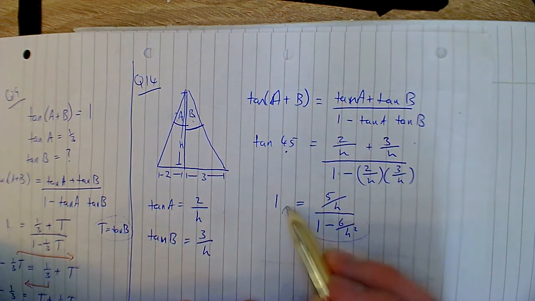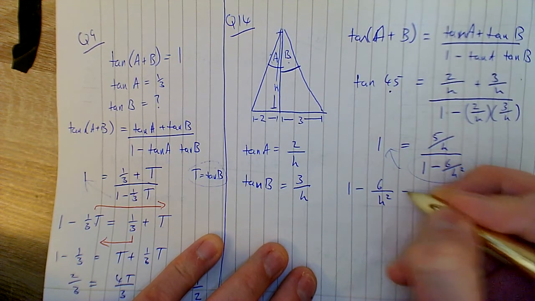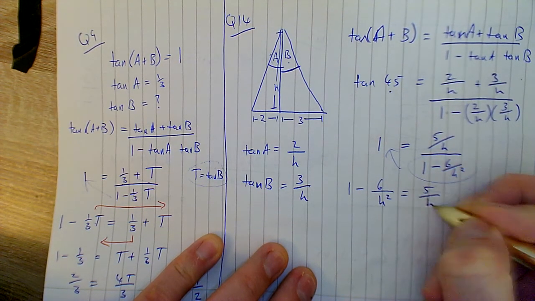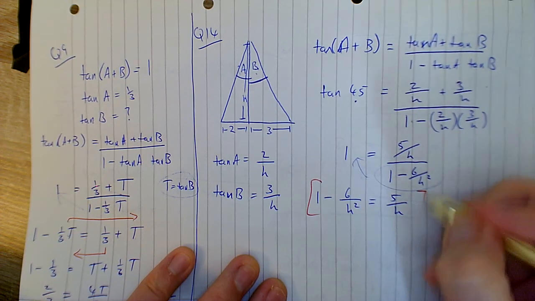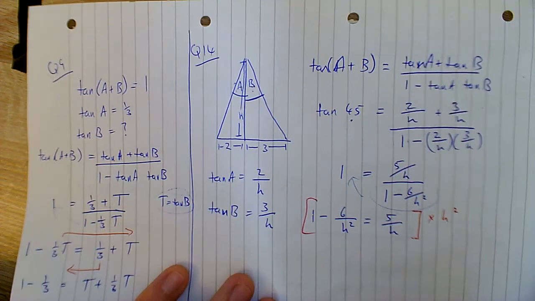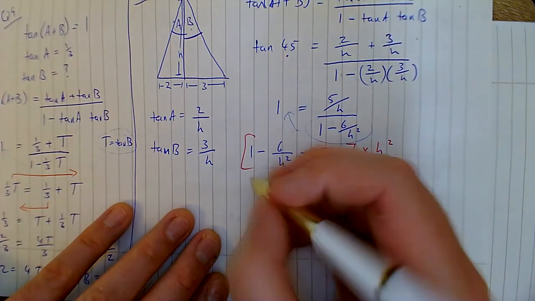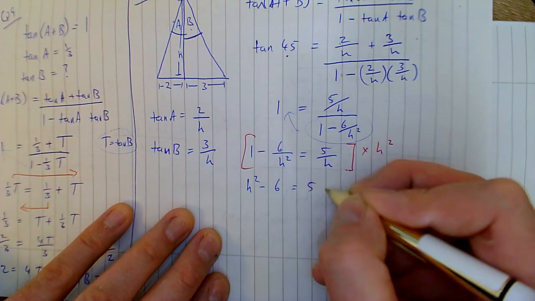Multiplying this across gets us 1 minus 6 over h squared equals 5 over h. And then if you multiply through by h squared, you get rid of all of the fractions and you're left with a quadratic. So what do we get? You get h squared minus 6 equals 5h.